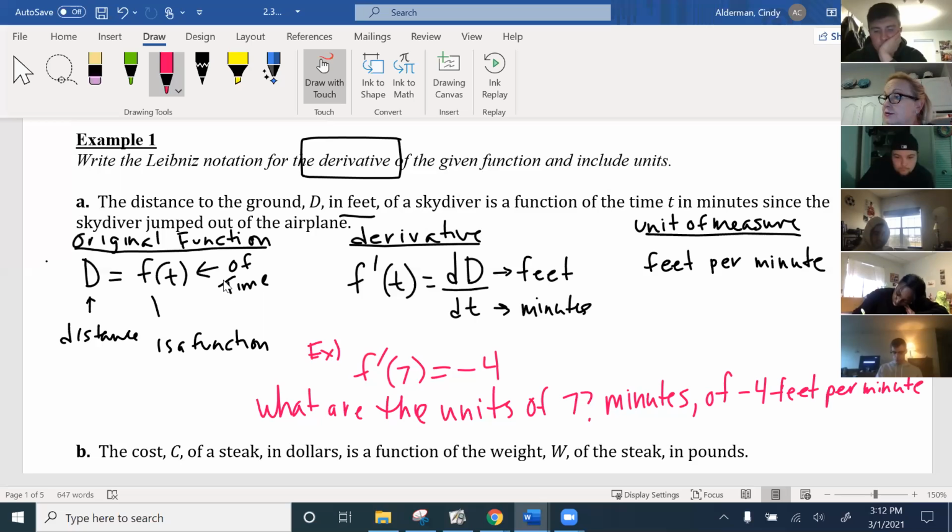It would make sense that you give the derivative as a per or rate, right? So you don't want to say that the units of -4 are just minutes because t stands for minutes, right? So if I'm asking you for the units of the derivative, which f prime of 7 is, the derivative at 7, so -4 is the derivative, you want to give it in a rate unit of measure.